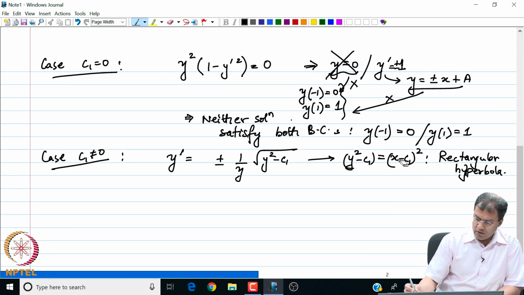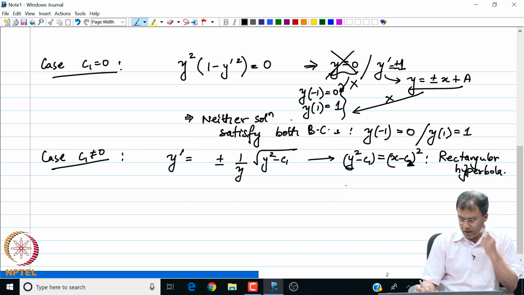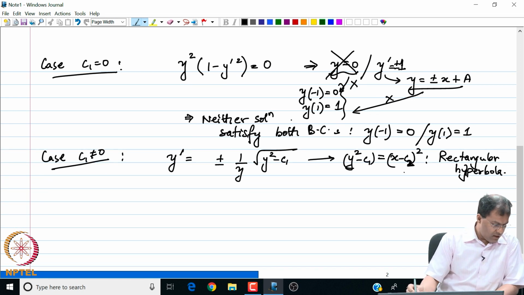Well, we have a two constant family of solutions. So, we have C1 and C2, right. Now, the expectation is that constants C1 and C2 can be found through the boundary conditions that are present. Now, note the following. Let us draw this hyperbola. Well, first of all, let me find C1 and C2.